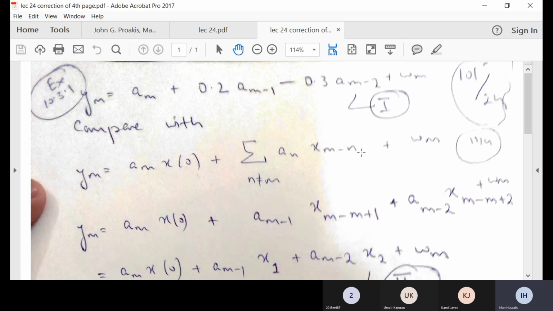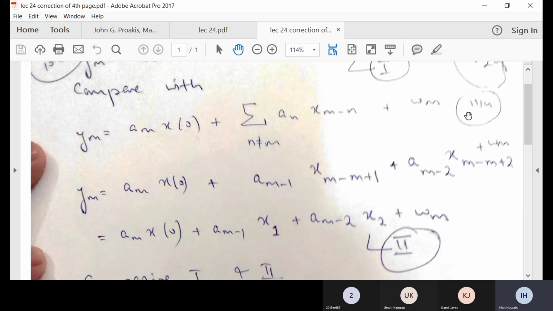This becomes m minus m plus 2, m's cancel, and you have plus 2. The other term, the Gaussian white noise term, remains the same. Now you can cancel these m's, so this will become A_m x_0, A_{m-1} x_1, and A_{m-2} x_2 plus w_m.